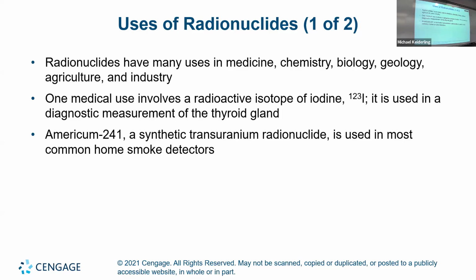So you can track how they move through your body. One medical use involves a radioactive isotope of iodine, iodine-123. It's used in a diagnostic measurement of the thyroid gland, because you're studying the amount of iodine your thyroid gland pulls in, because your thyroid gland uses iodine.